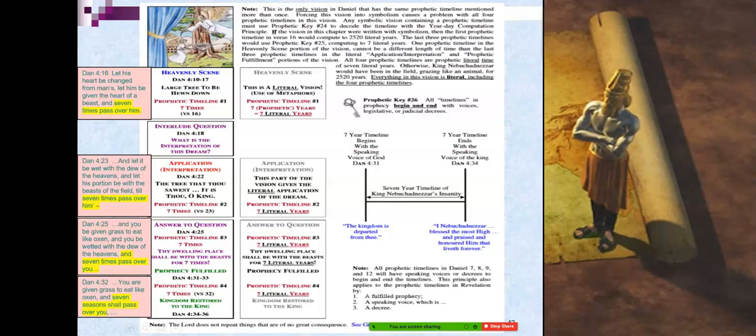So all timelines, prophetic key number 26, all timelines in prophecy begin and end with voices, legislative or judicial decrees. This 7-year timeline begins with the speaking voice of Yahweh in Daniel 4, verse 31: The kingdom is departed from thee. That's what the voice of Yahweh says to Nebuchadnezzar.